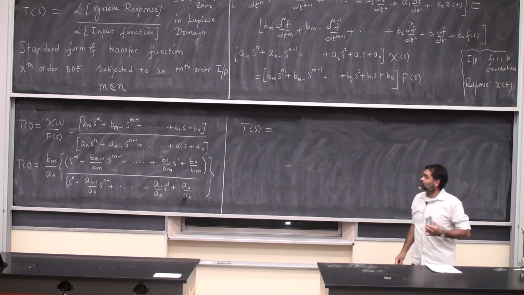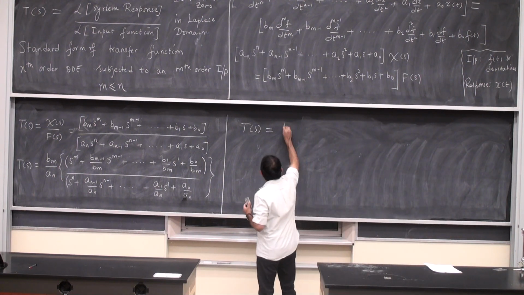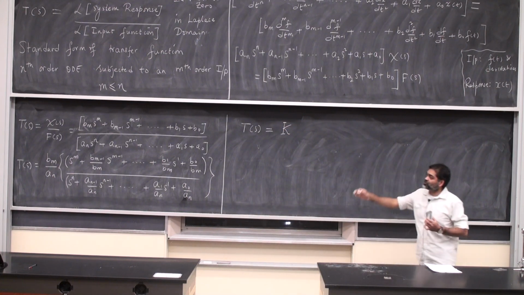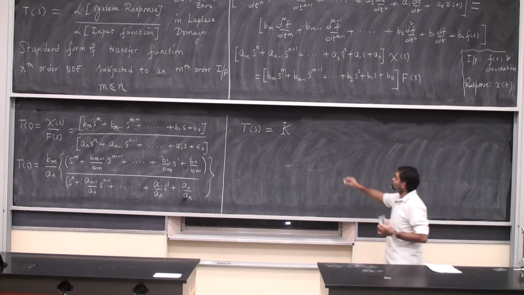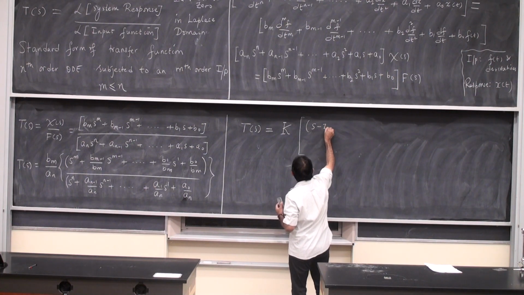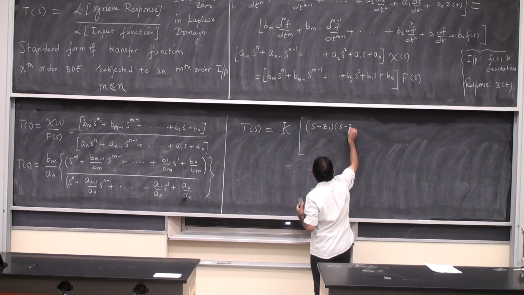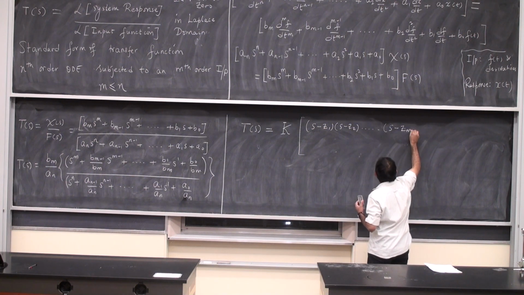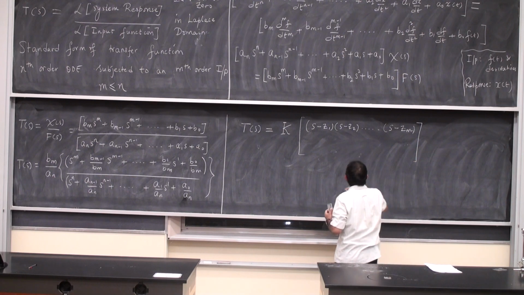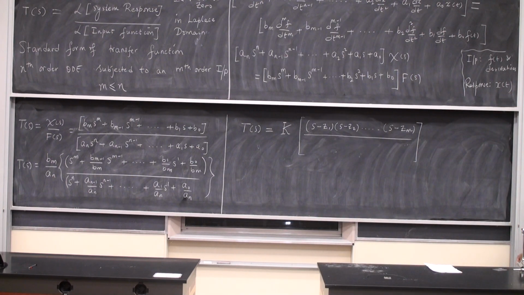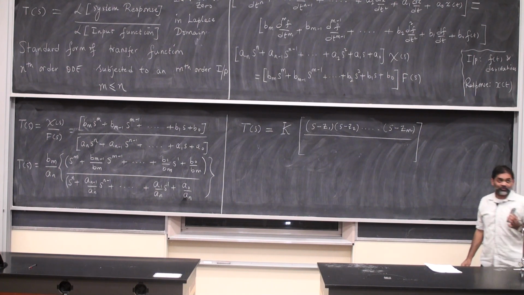So if I write this out as the following, this is called the standard form, okay? So this is some capital K, where capital K in this case is the Bm by An, and then if I have an mth order polynomial, I have m roots. If I have an nth order polynomial, I have n roots.